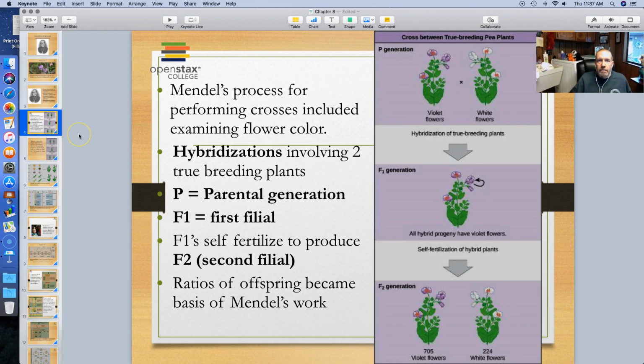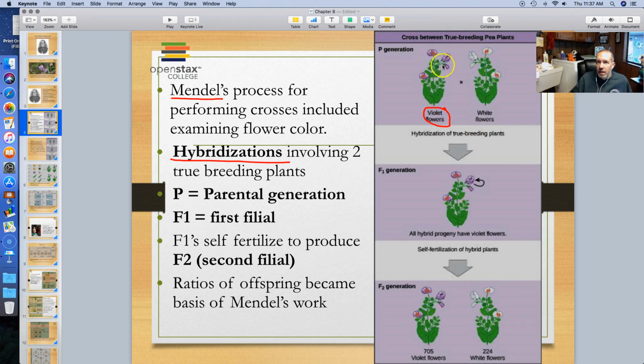All right, so a couple of terms we have to go through, so we're all, again, on the same page with respect to understanding the terminology. So again, Gregor Mendel's process for testing characteristics, in other words, performing test crosses, basically involved hybridizations where, for example, he would breed a plant that always had violet colored flowers.